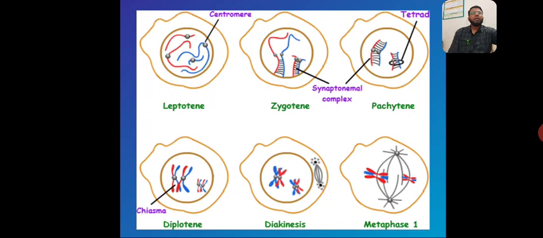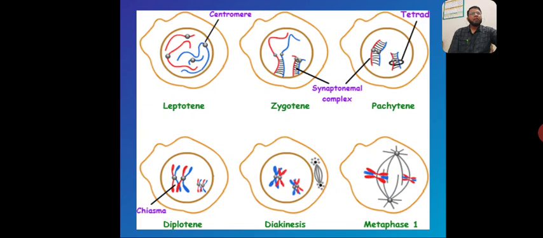Next is the pachytene stage. Here shortening and thickening of the chromosomes takes place. During this stage crossing over takes place, resulting in the exchange of portions of the homologous chromosomes. There is an exchange of mother and father genetic material.